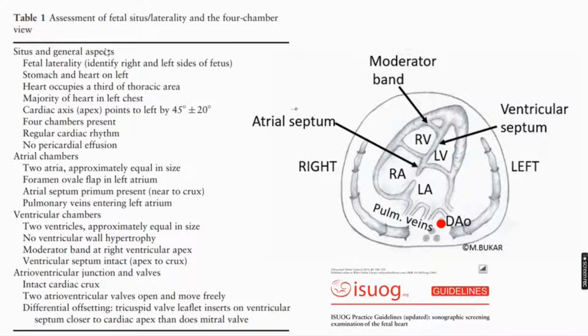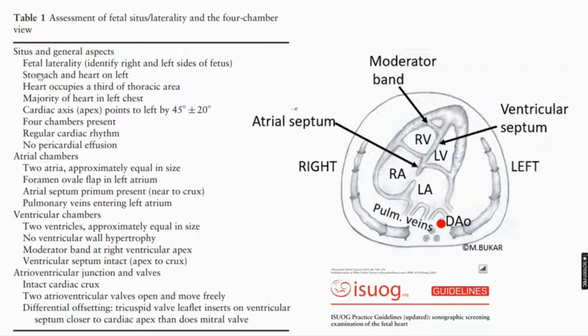Situs and general aspects. First, fetal laterality. Identify the right and left sides of the fetus. There are many ways of identifying the right and left sides of the fetus, but probably the one that stands out is for the sonologist to assume the position of the fetus and label his right as the right side of the fetus and his left as the left side of the fetus.